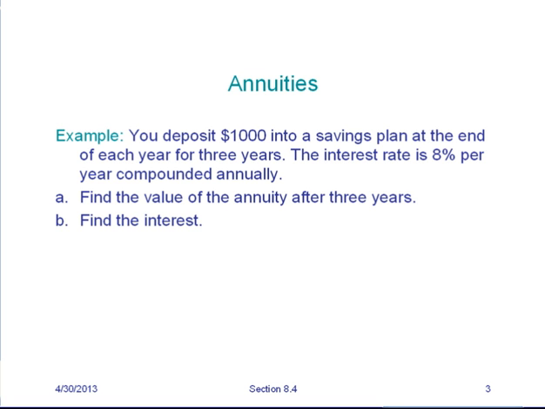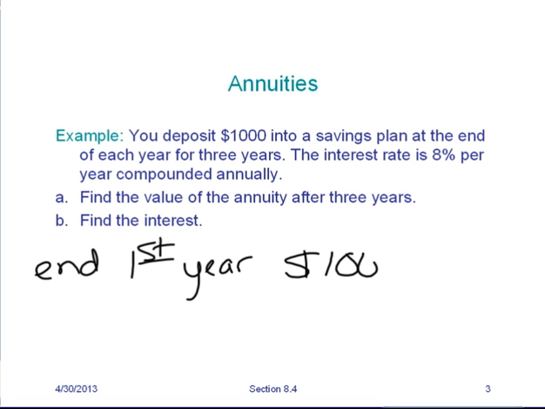At the end of the first year, you deposit $1,000. Well, you don't get any interest on that because the $1,000 hasn't been in the bank for a year. So right now the value after the first year is $1,000.